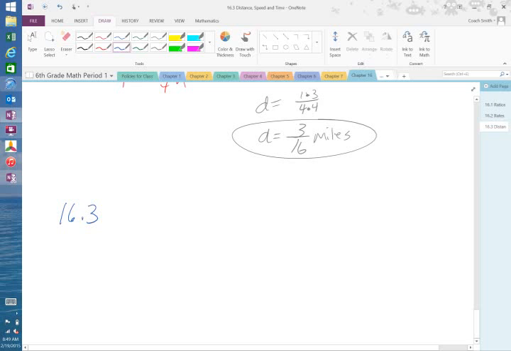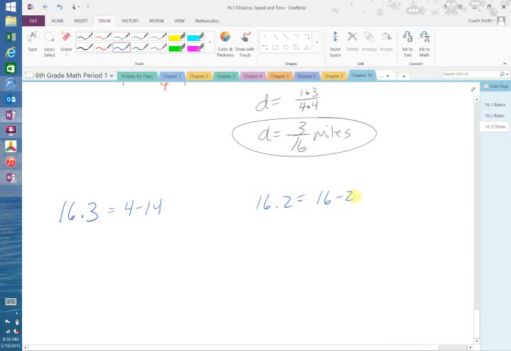16.3. We're going to shorten this up a little bit. 4 through 14. And then we're going to do a couple of problems from 16.2 that we did yesterday. Not going to be a whole lot. We're going to do 16 through 23.